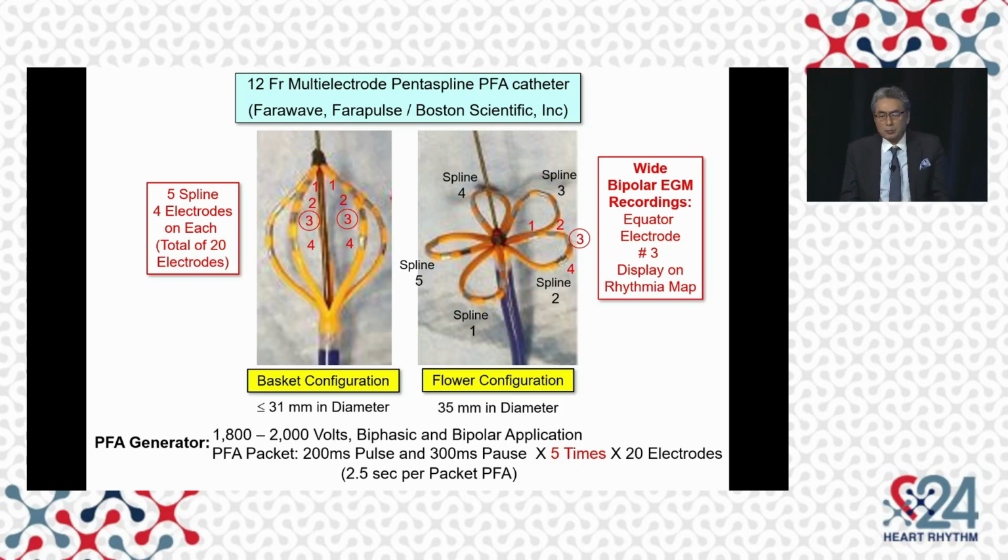This is a multipolar PFA catheter, which is the FARAPULSE. They have a 5-spine design, 4 electrodes in each, so a total of 20 electrodes. And the company says, for the PVI, you might do at least 4 applications in basket configuration, and another at least 4 applications in flower configuration. 1 application is actually 2,000 volts, 200 milliseconds, 5 times over the 20 electrodes.